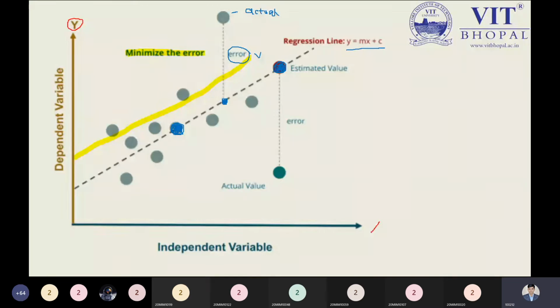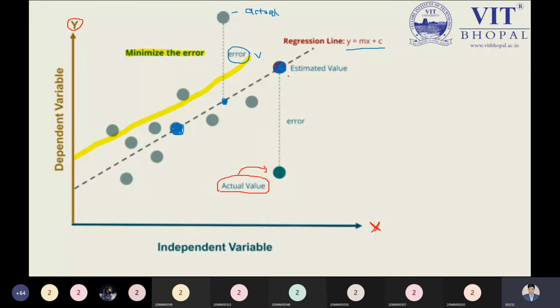What is the m? M is the slope, and c is the intercept. Based on m and c, and respectively x, you can calculate the respective value of y. That is how we get our straight line equation. So this would be the estimated value, but this is the actual value.